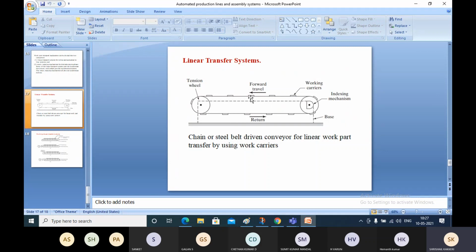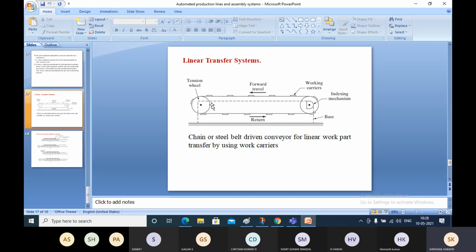For example, I want to move the work linearly for a distance of 1 meter. For a meter distance, what would be the amount of rotation of this indexing mechanism? That will be calculated and kept as a constant. For example, if for n rotations, y displacement will happen, that y displacement will be kept for the entire belt length.